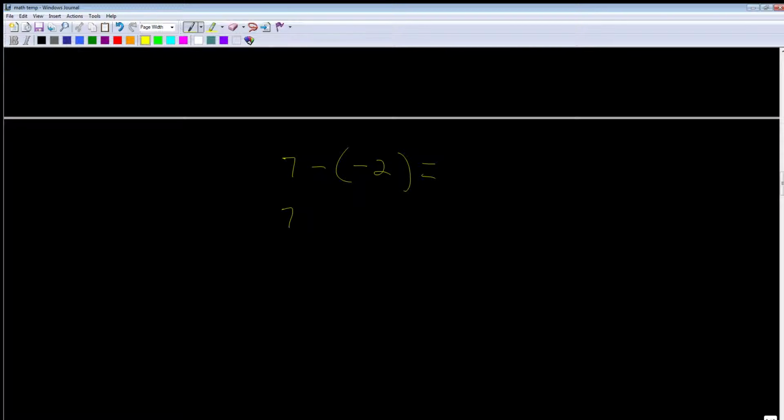Do every step, and you will become absolutely wonderful in math. So we're going to change this to a positive and rewrite this as 7 plus 2 equals 9. Now let's go 13 minus negative 13. 13 plus 13 equals 26.